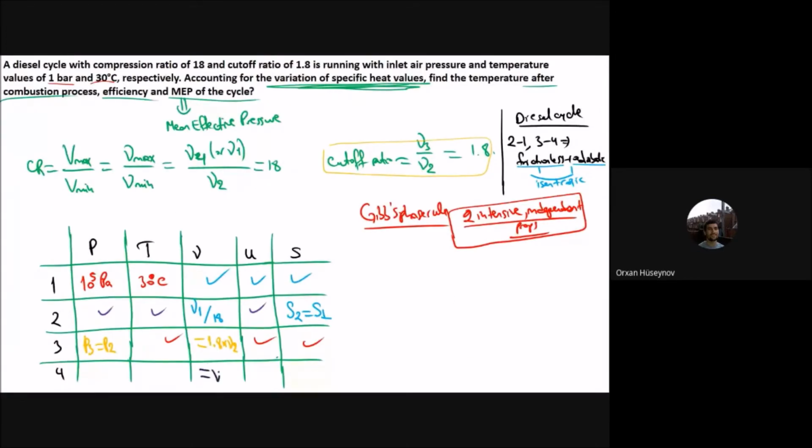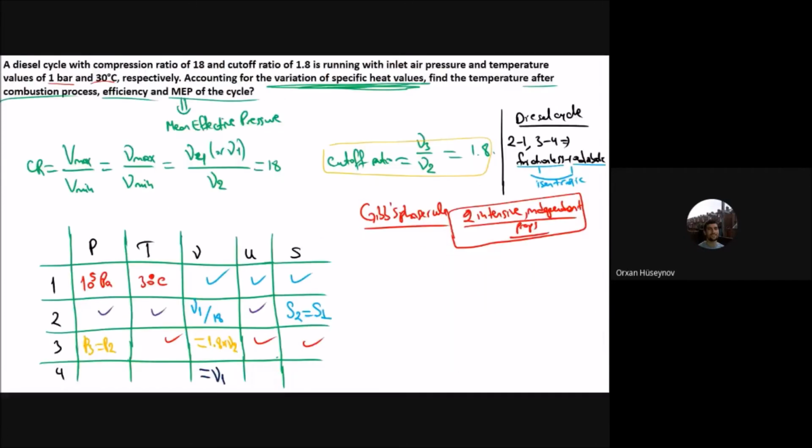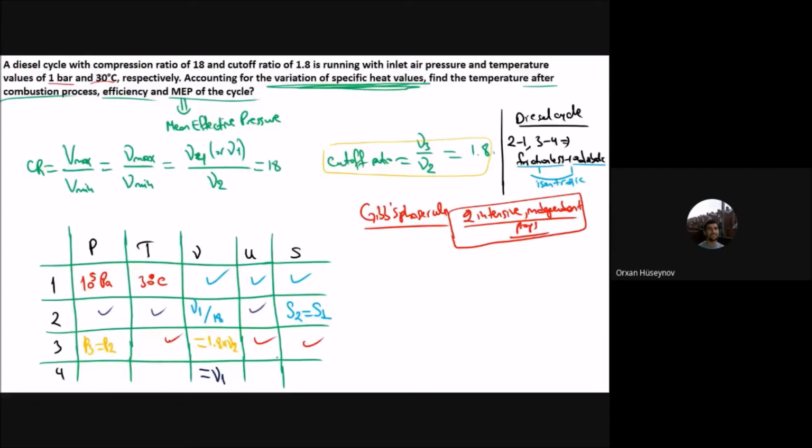Therefore, this one will have a specific volume which is the same as 1. And also, process 3 to 4 is an isentropic process. So this is a frictionless, adiabatic expansion process, isentropic, therefore entropy at 3 will be the same as entropy at 4. So I will write that here.